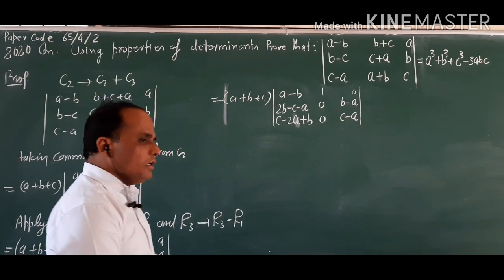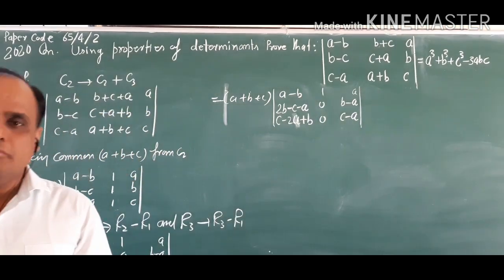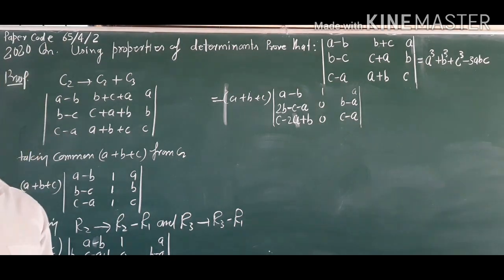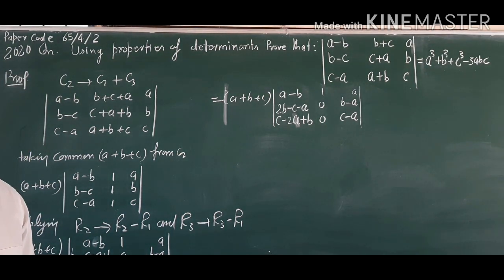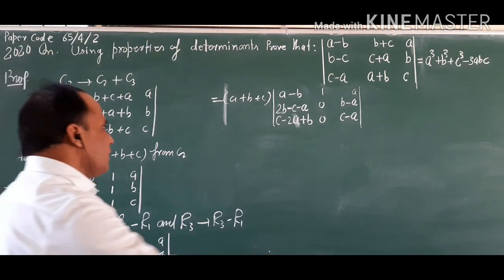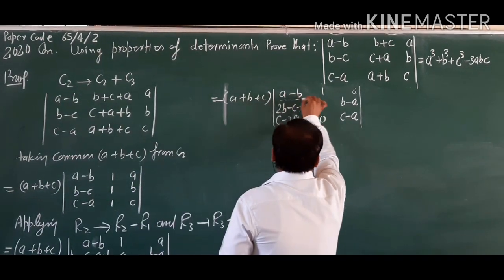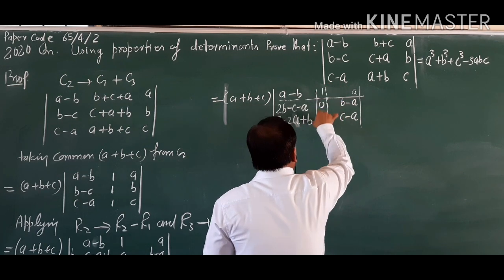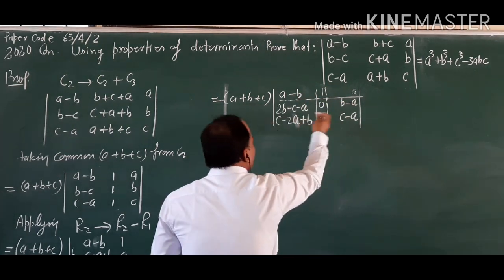Now in second column we get 2 zeros, so we should split this determinant with entry 1. When we are taking 1, just you leave rows and columns. We should leave this row and this column.